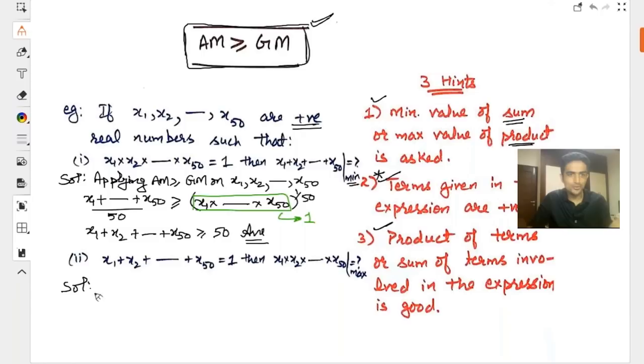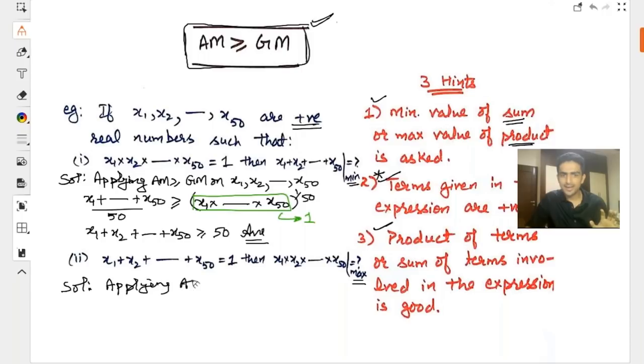Don't you think the second question is also of the same nature? Maximum value of this product is asked. Second, the terms involved are positive and the sum is good. Exactly the same.